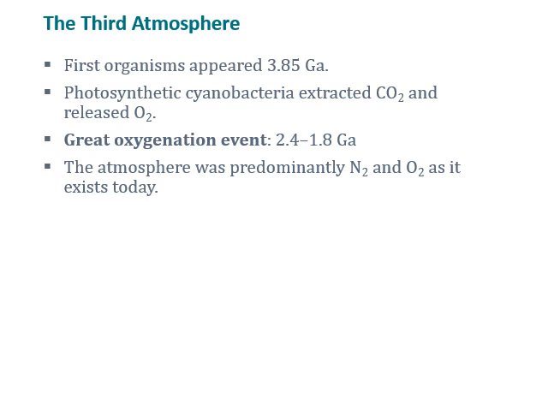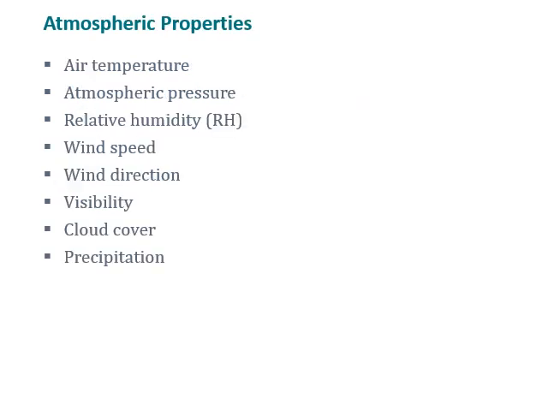And this atmosphere was predominantly nitrogen and oxygen as it exists today. Now we'll discuss atmospheric properties in part 2 of the lecture. These include air temperature, atmospheric pressure, relative humidity, wind speed, wind direction, visibility, cloud cover, and precipitation.